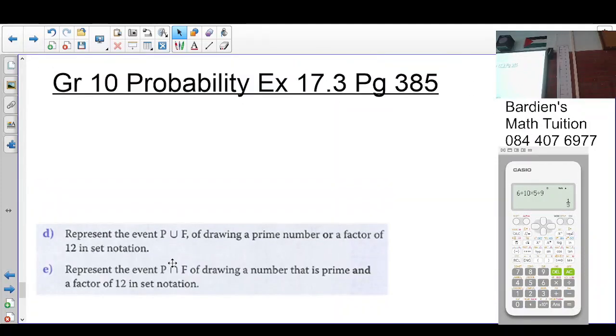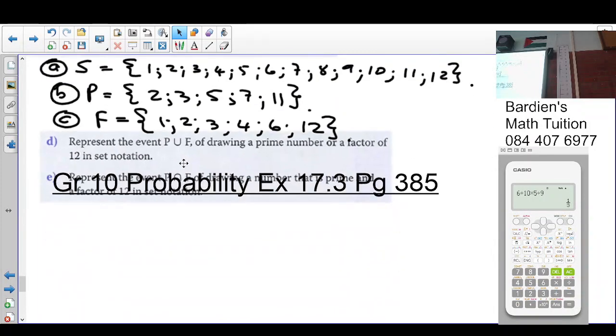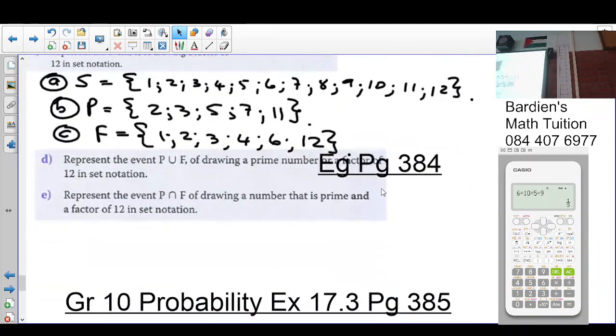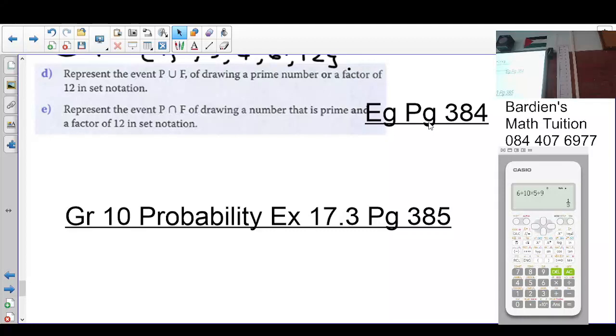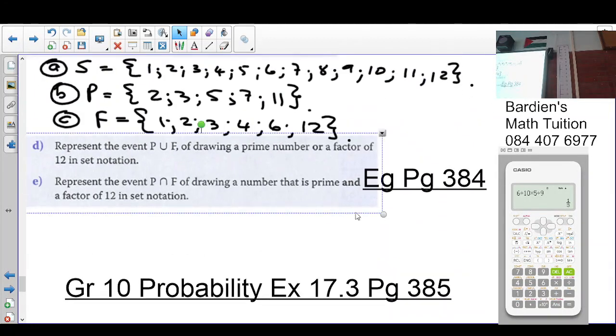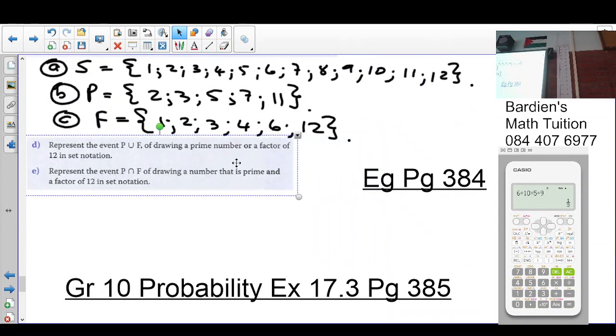Let's look at D. It says represent event P union F, drawing a prime number or a factor of 12, in set notation.